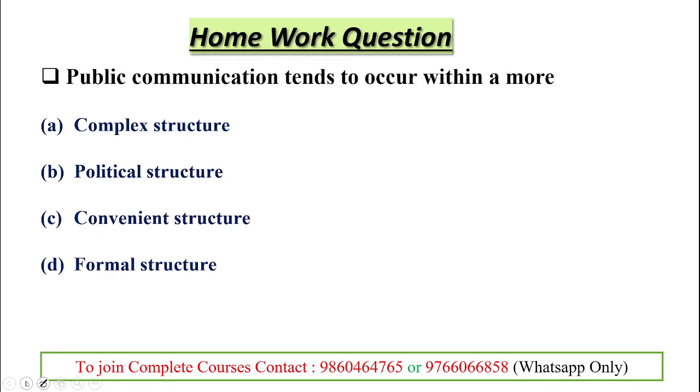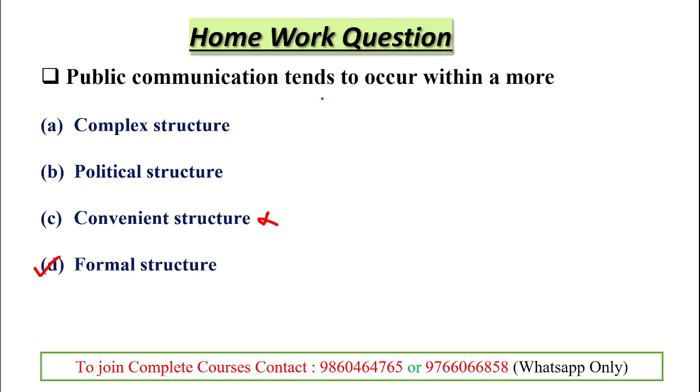Clear? Then this is the next question, and in this question I can see many controversies between two options, but the right answer is formal structure. The question: public communication tends to occur within a more formal structure. One of the answers, convenient structure, is the wrong one.